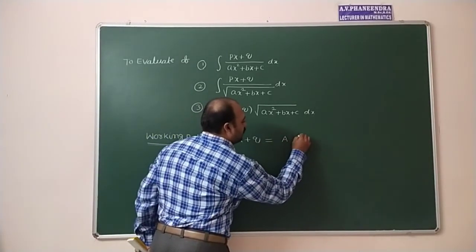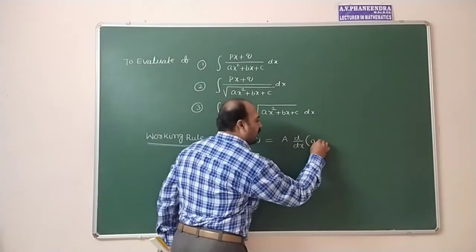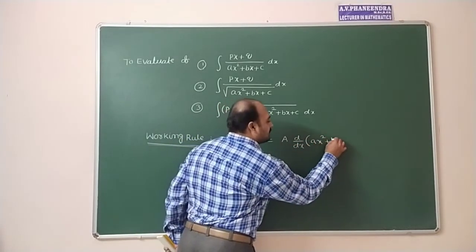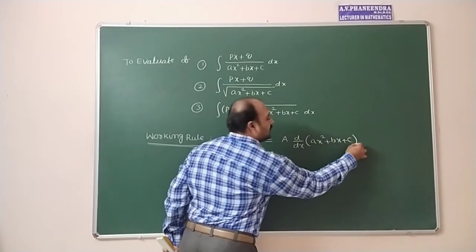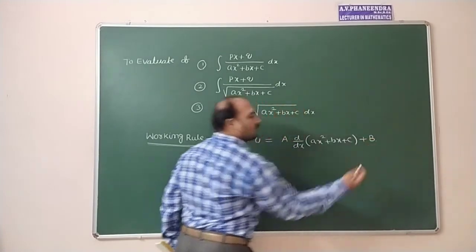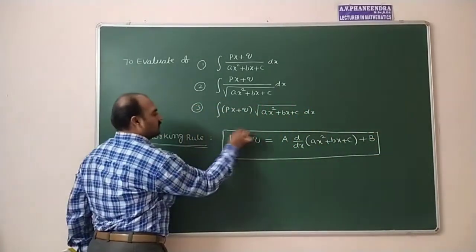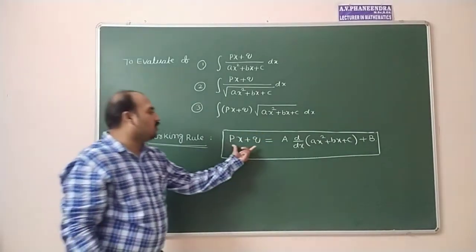capital A into d by dx of ax square plus bx plus c, plus capital B. Like this, you have to express the value of px plus q.